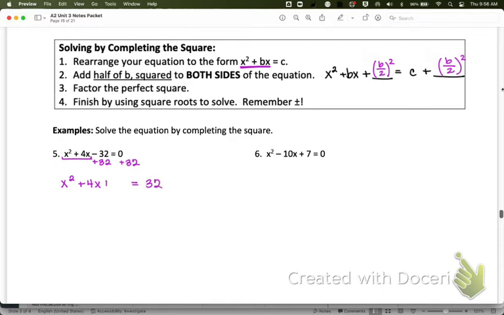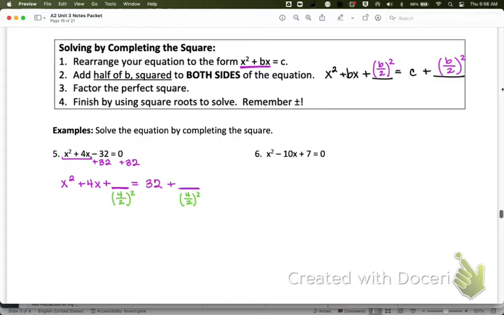Now this is where I'm going to add plus blank, and if I add something on one side, I have to add it on the other side, okay? Now again, we're going to add (4/2)^2 on both sides, and you can do that in your head, but on your notes, you won't know what you did in your head, so you should write it down.